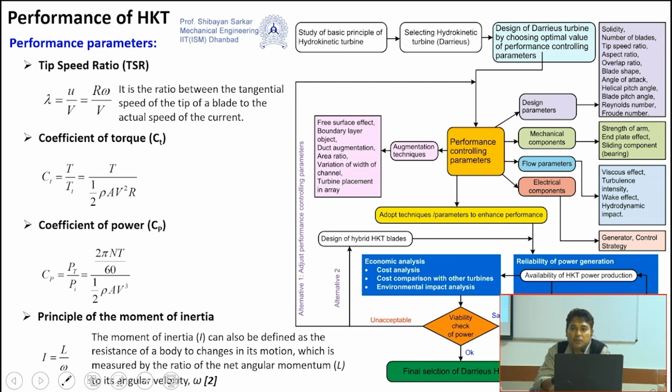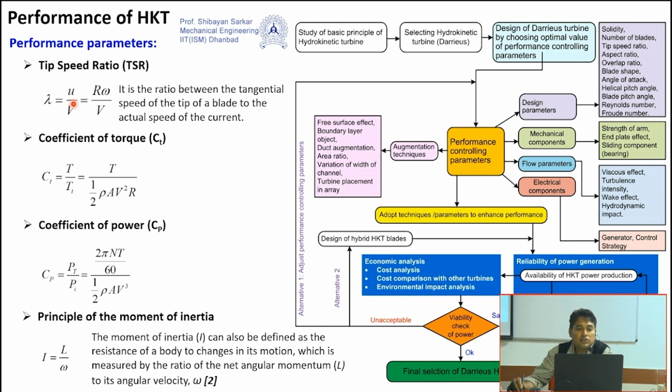It also depends on the shape of the turbine. The tangential speed U is the rotor radius multiplied by omega, the rotational speed which is generated after the fluid strikes the rotor blade.